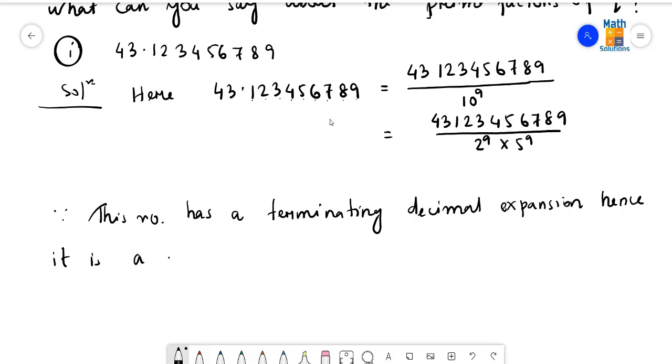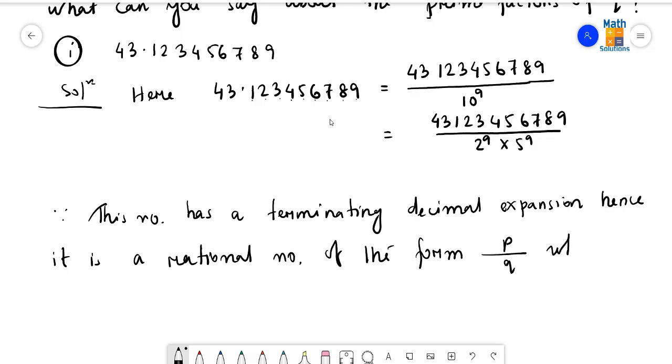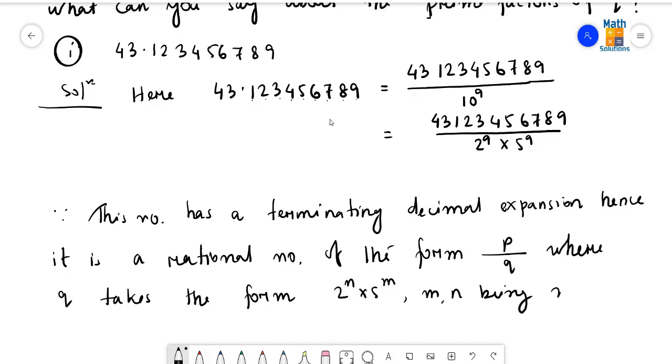It is a rational number of the form p by q, where q takes the form 2 to the power n into 5 to the power m, n and m being non-negative integers.